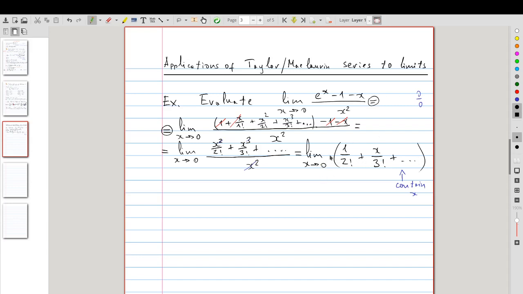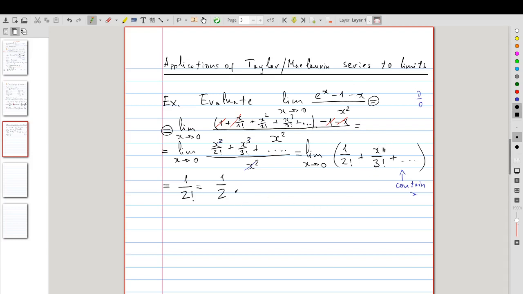We can just substitute x equals 0 into the power series to evaluate the limit, and we'll get 1 over 2 factorial since all the subsequent terms vanish, because they contain x, and when we substitute x equals 0, we get 0 for all of these terms. And so we have computed our limit to be equal to 1/2.